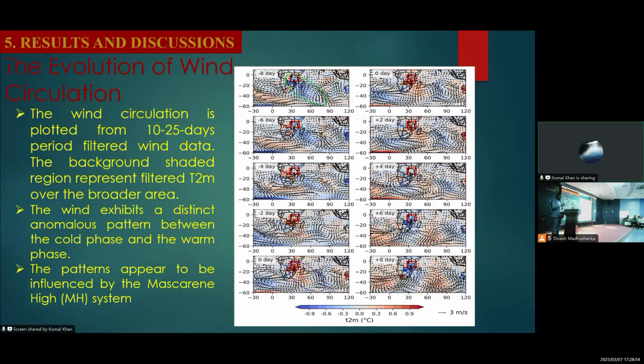Why did we use it? Because we assessed all levels and we found that the level with clear patterns was this 500 millibar level. That's why we used it. I should have shown it here, but it was just an error. Thank you.